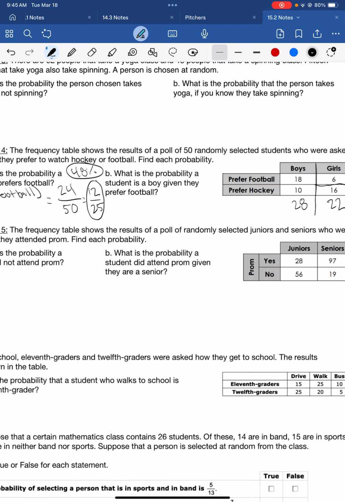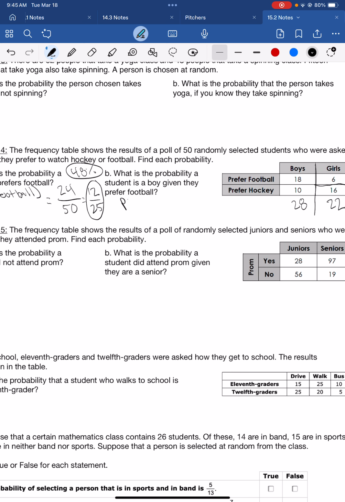All right, what is the probability a student is a boy given that they prefer football? So it'd be the probability of someone being a boy given, this little slash means given, that they prefer football. The formula that we use for this would be the probability of a boy and football divided by the probability of them preferring football.